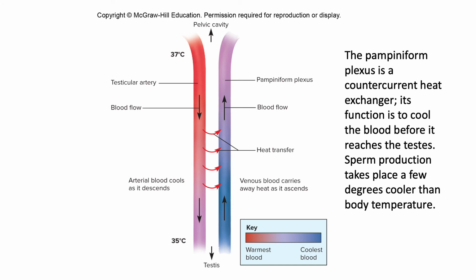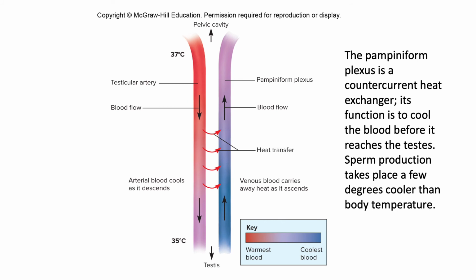At every point of contact between that artery and the vein returning cooler blood from the testes, there's going to be a gradient of temperature. So heat is continuously being transferred from the artery to the vein, and basically the effect of that is that as the blood descends into the testes, it can become cooler than it would if those two blood flows were in the same direction.